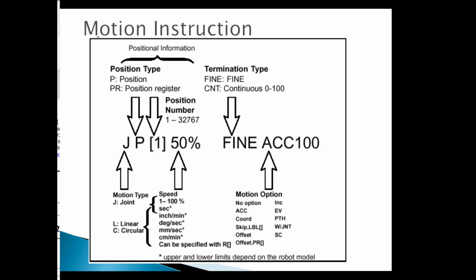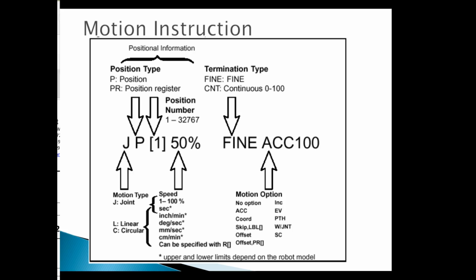Points are unique to the one program that they're in, but if it says PR there, then it's using a position register, which is available to all programs. The points have numbers, and we can also add labels to those. The square brackets with the 1 inside simply say that's point 1.